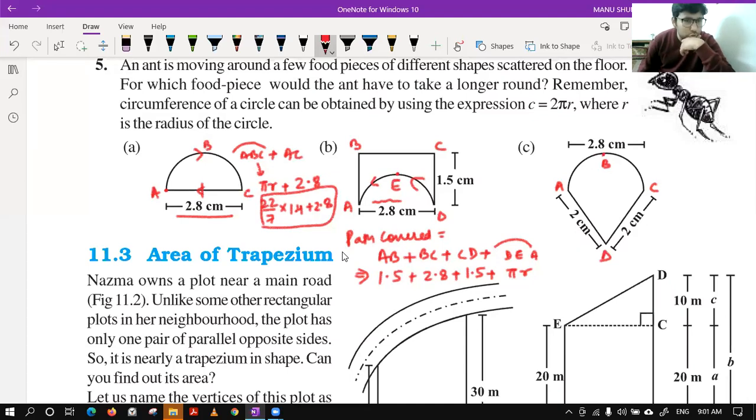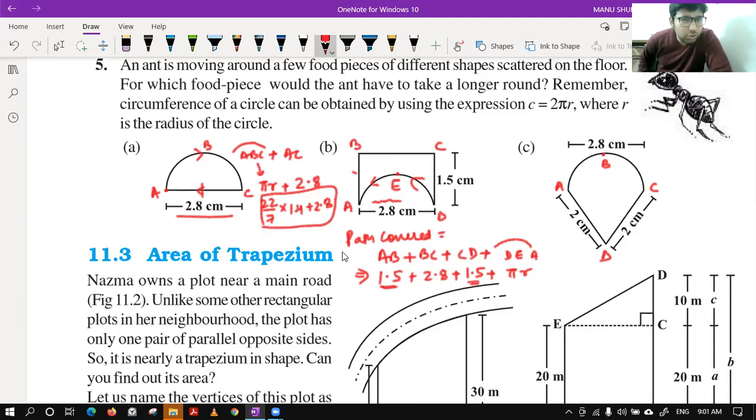Okay, 3 plus 2.8 like that? Okay, you can check. Now I think I don't require to solve it. How 3 times? 1.5 is coming here and here only. 2 times only it is coming. It is not coming 3 times, I think.